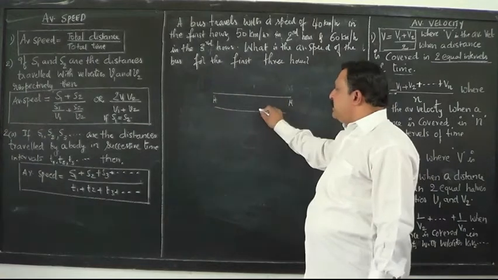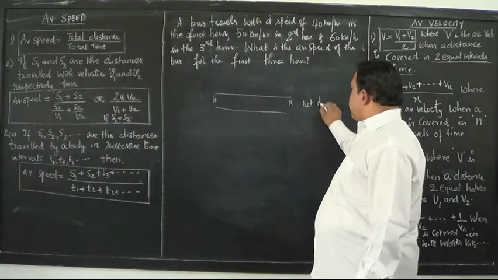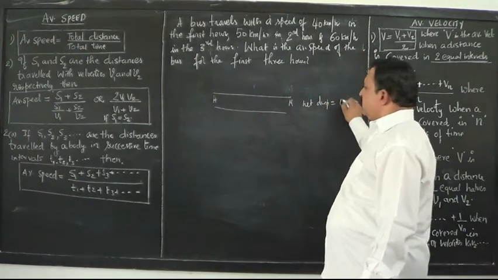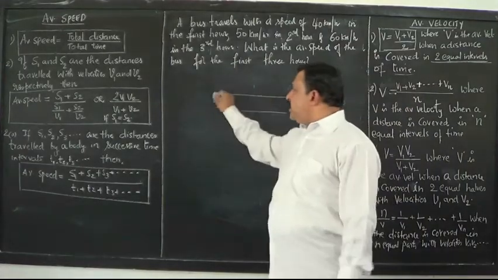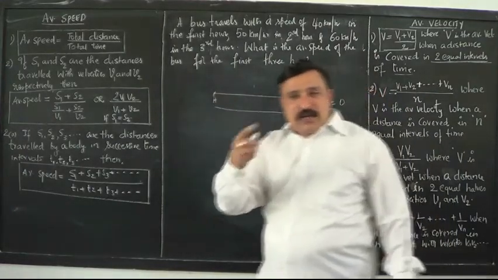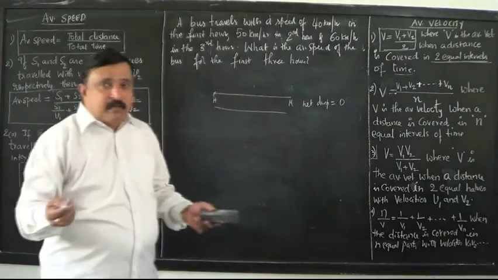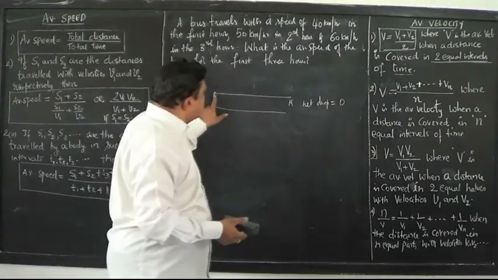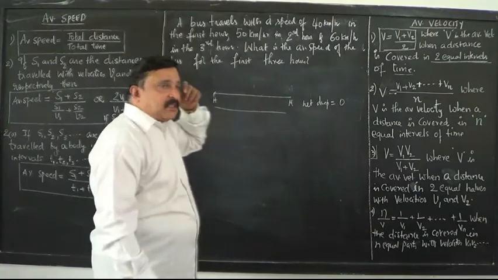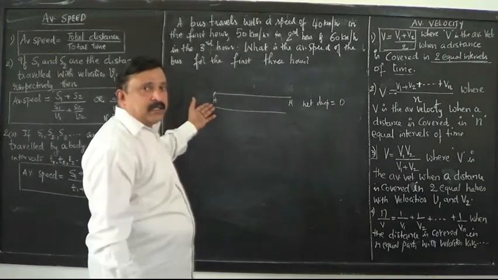So what is the net displacement? Net displacement in this case is 0, because he is coming back to his initial position. There is no displacement the person has made, because he has come back to the initial point.